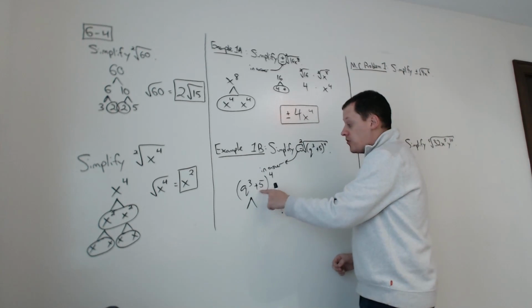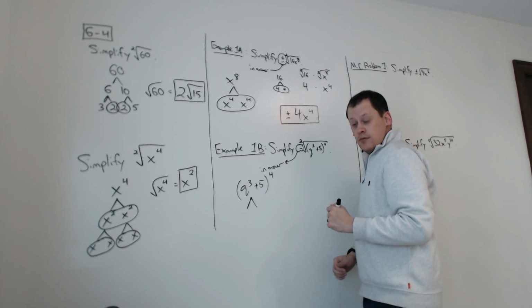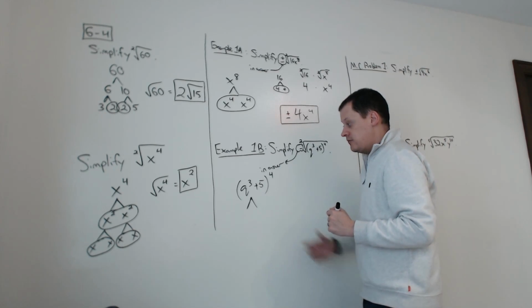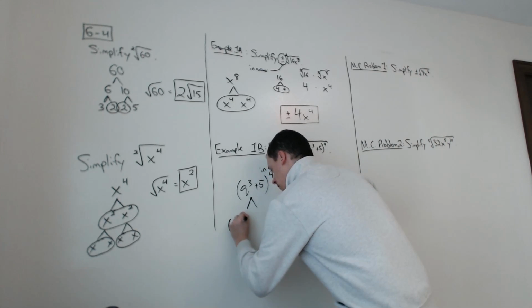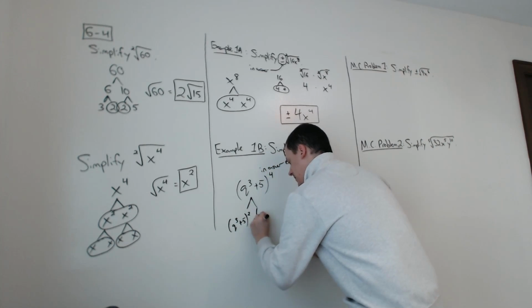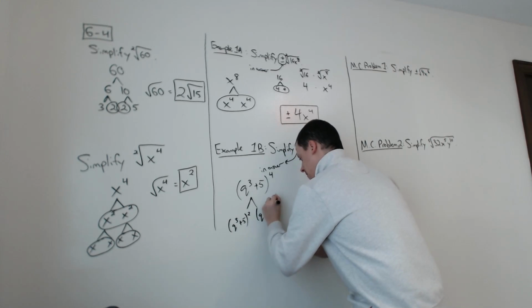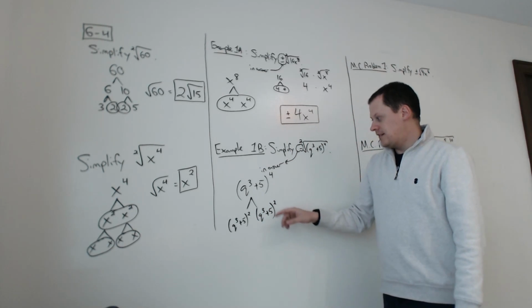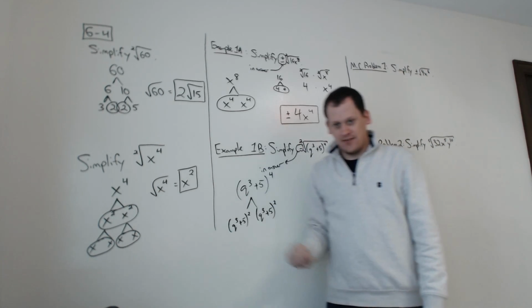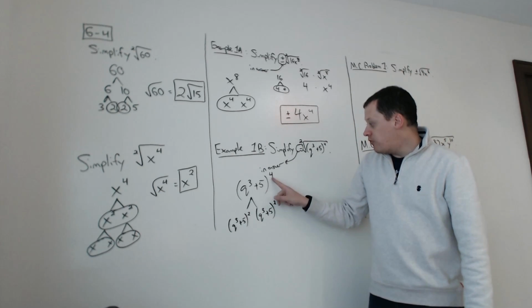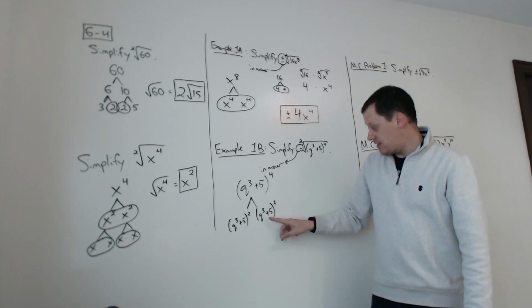Q to the third power plus 5 to the fourth power can be broken down into this squared times itself. So we're essentially saying this to the fourth power is the same as this to the second power times this to the second power.